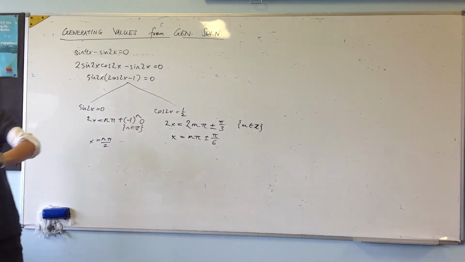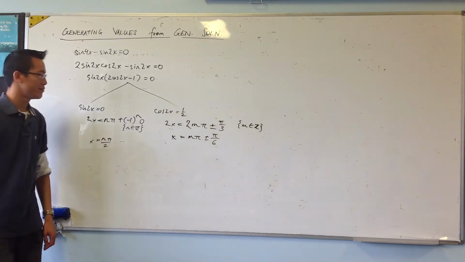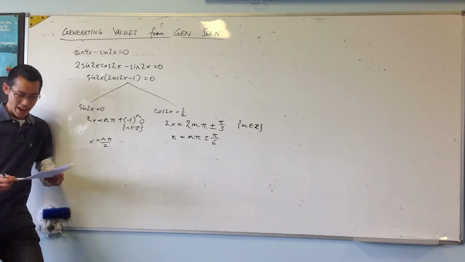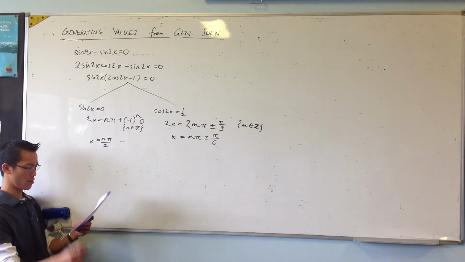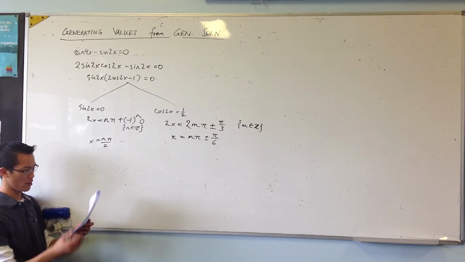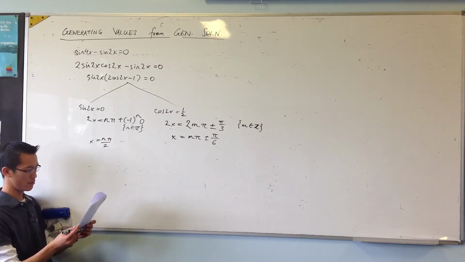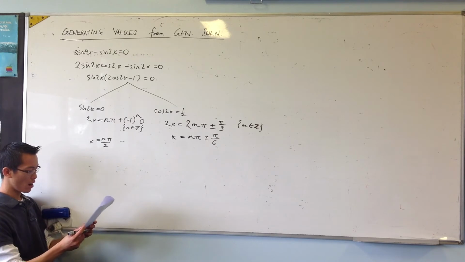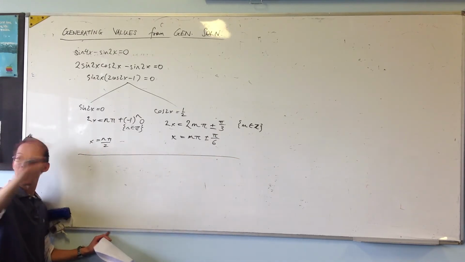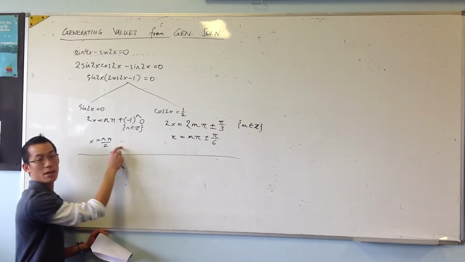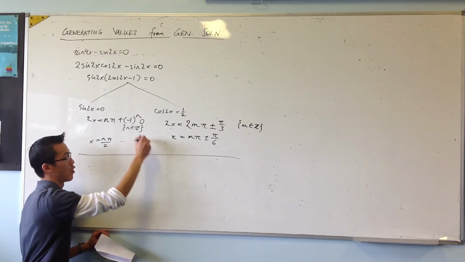I'm quite content with that, but it's not what they say the answer is. They say the answer is this. Hold on, where have I written it? Am I looking at the wrong page? Thirds and pi plus or minus pi on 6. Oh, I see, yeah. Instead of this pair of general solutions, by the way, there's no nice, neat way to put these together, so you just have to say or, okay?